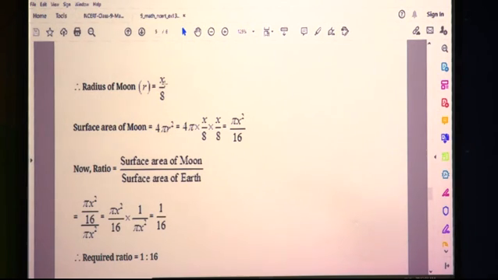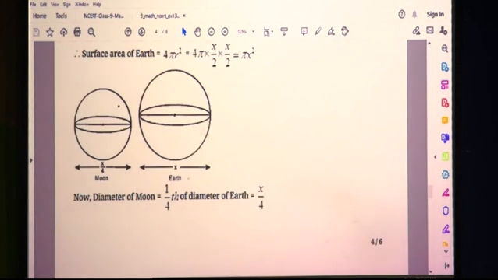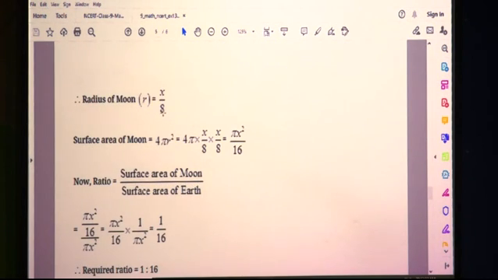Now, what is the radius of the moon? It is x upon 8. Why? Because diameter is x upon 4, half of that will become x upon 8. So, r square means x upon 8 into x upon 8. Here 4 ones are 4, 4 twos are 8. This becomes pi x square upon 16.